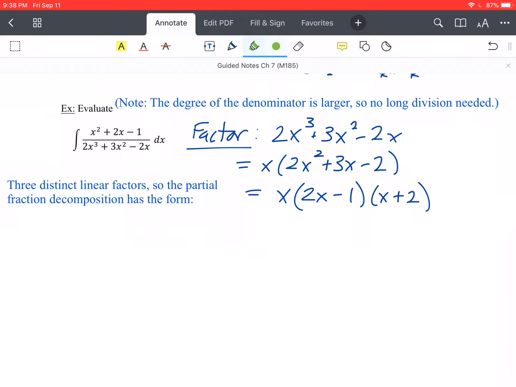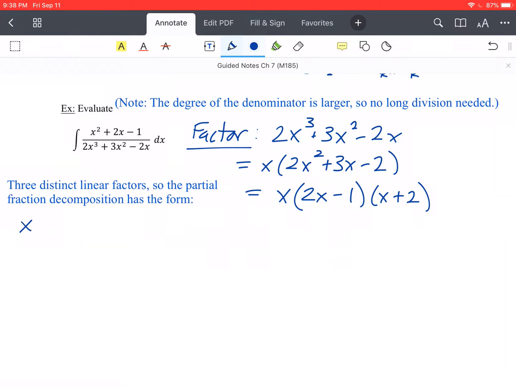So we have 3 distinct linear factors. That's a linear factor, that's a linear factor, that's a linear factor. They're non-repeating. So that means our partial fraction decomposition, and this is just kind of the fancy term, decomposition, meaning we're breaking it down into smaller pieces.